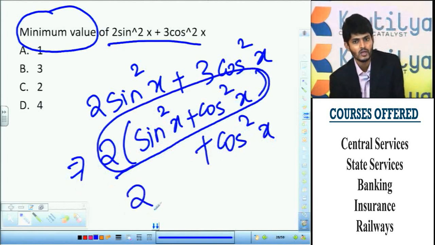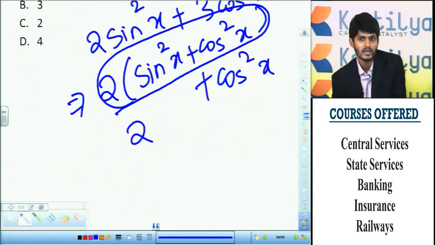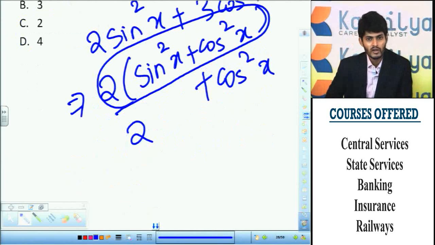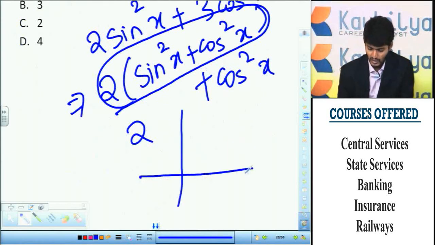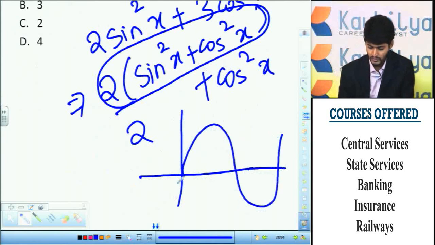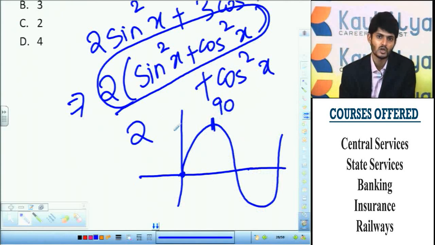Suppose I want cos square x. So as you are aware, what is the value of cos square x, and I want the minimum value. So whenever you are aware, sin theta, if I am drawing the graph of sin theta, the graph would look like this and so on. So it will be 0 here and it will attain the maximum at 90. And you try to draw the graph of cos square theta, it would be just opposite.